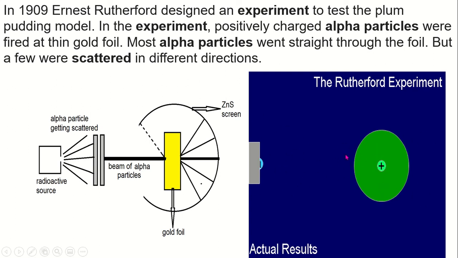Since a few alpha particles are returned back, it can be said that they collide with some massive substance heavier than the alpha particles, or are repulsed by it. So the total mass of the atom is concentrated within a small space, and that is the nucleus. That small space is the nucleus, where the total mass of the atom is confined.